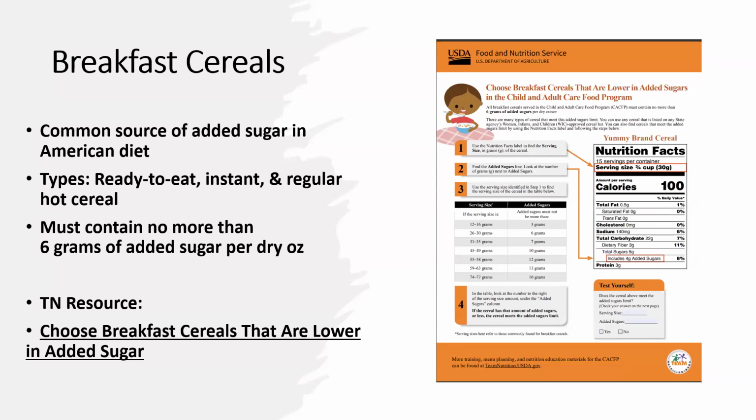So to help reduce it now, like I said, cereals, including ready-to-eat, instant, or regular hot cereals, must contain no more than 6 grams of added sugar per dry ounce.